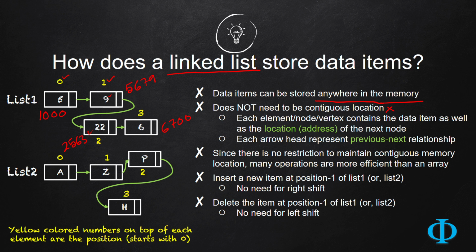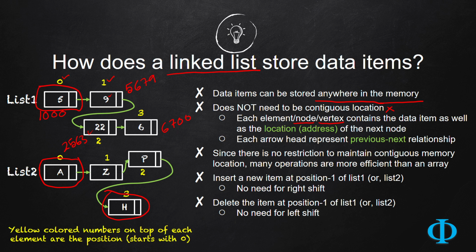Now, in order to facilitate that, whenever you construct a linked list, you need to remember a few things. Whenever you construct a linked list element, or sometimes we call it a node or a linked list vertex, in the figure it is shown as this entire rectangle, this one, or this one.